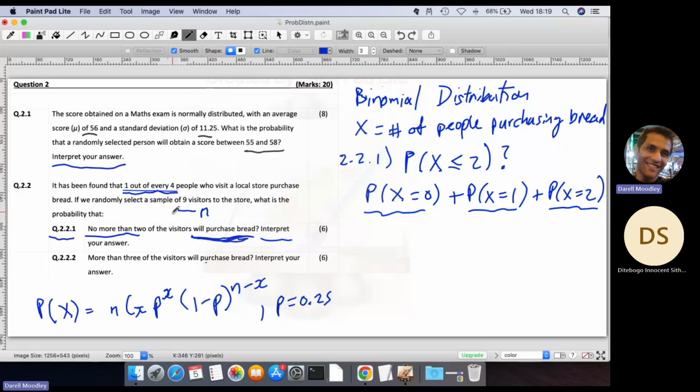Your n is the number of trials that you wrote earlier. It's 9. Okay, and your C is not really a variable. That's the combination function in your calculator. We've done this before. Please do watch the synchronous session again if you're not sure what we mean by this C here.